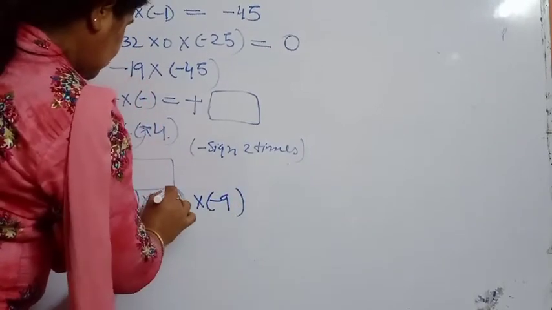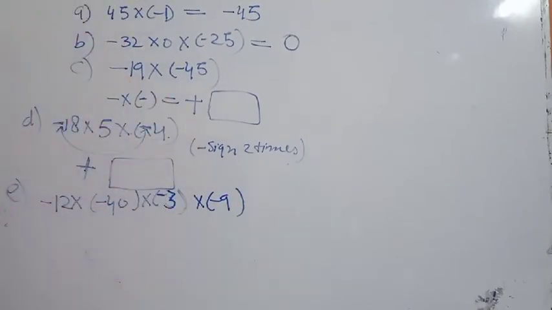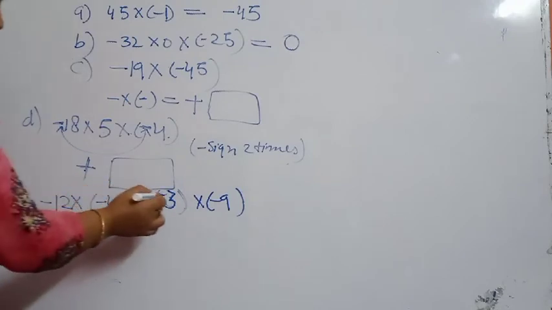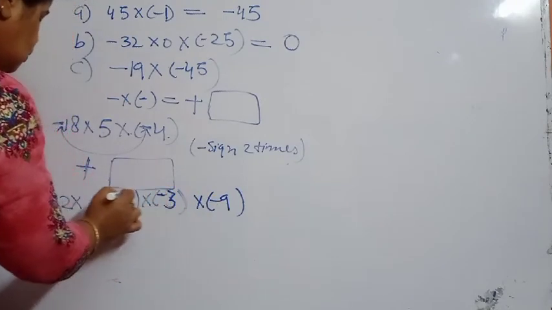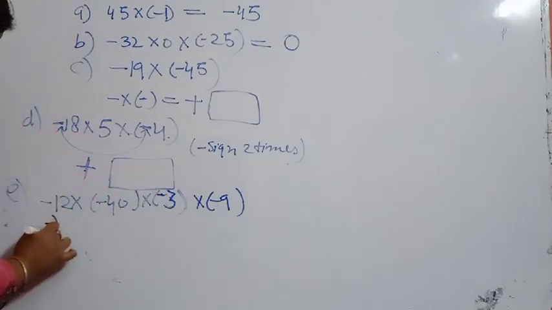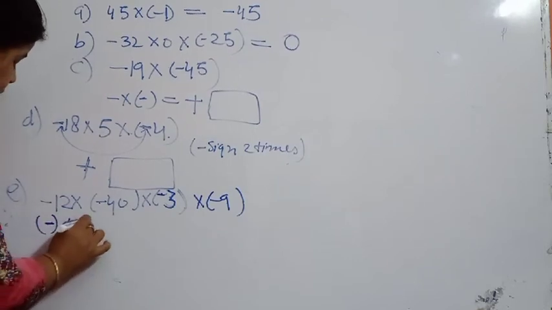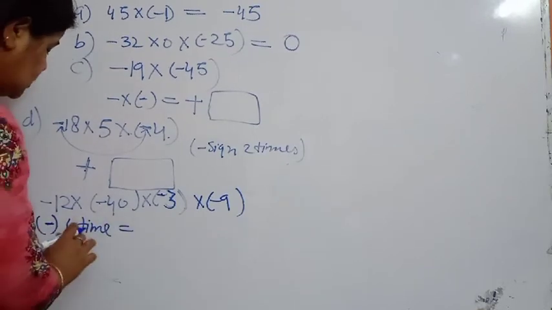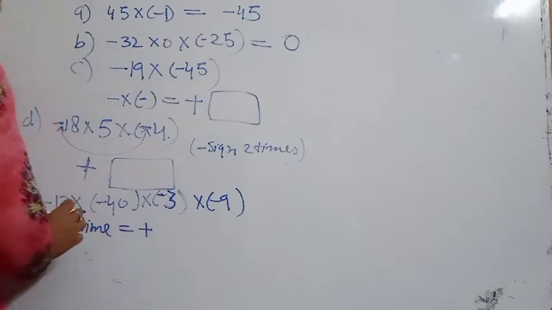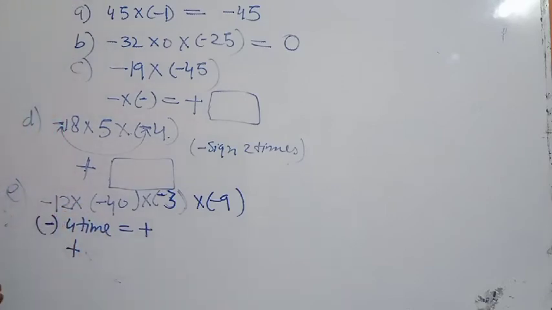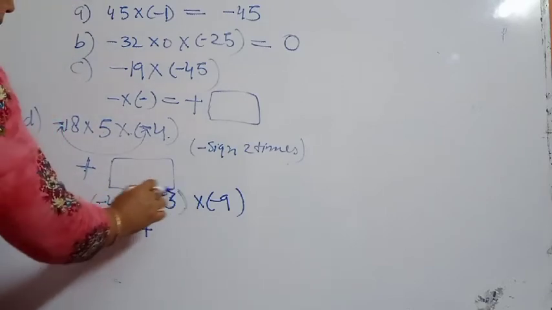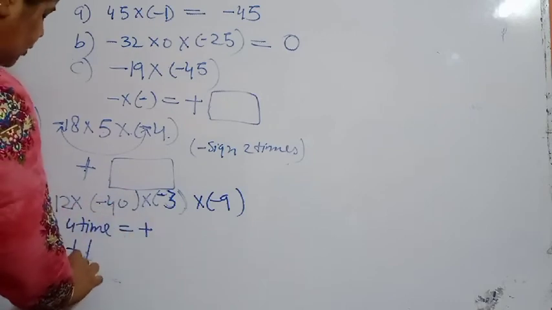First of all, count the minus signs. How many times is it? 1, 2, 3, 4. 4 times. 4 is an even number, so what kind of result will come? Positive result. Write positive, and now multiply all the values and find your answer.